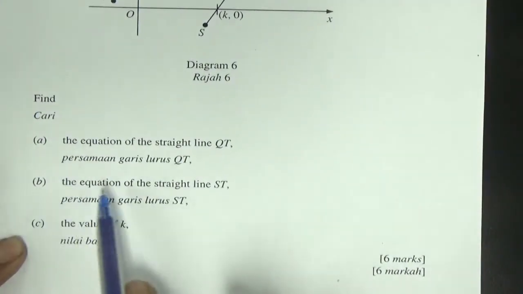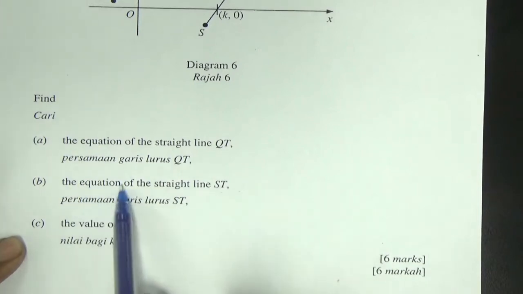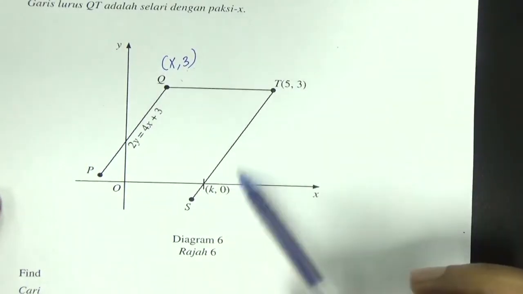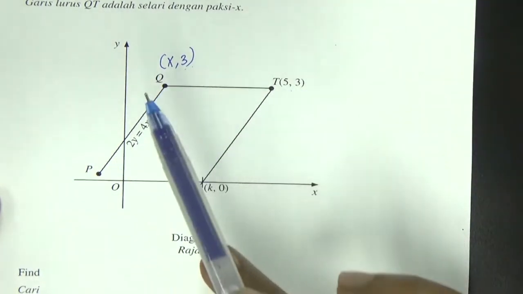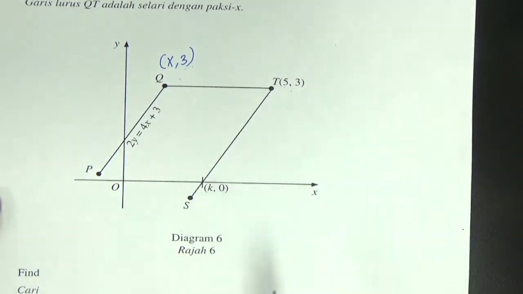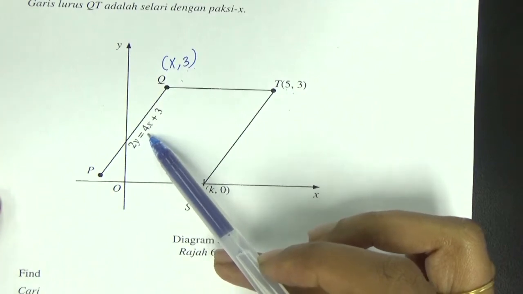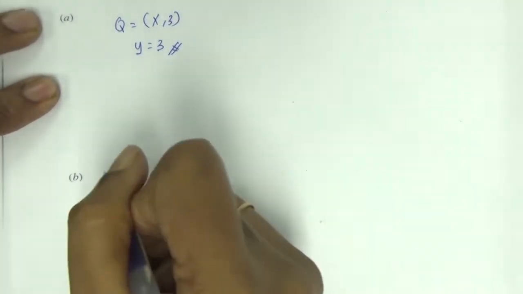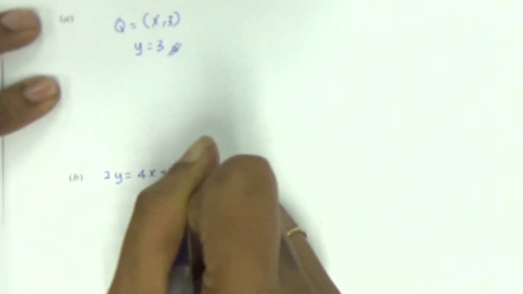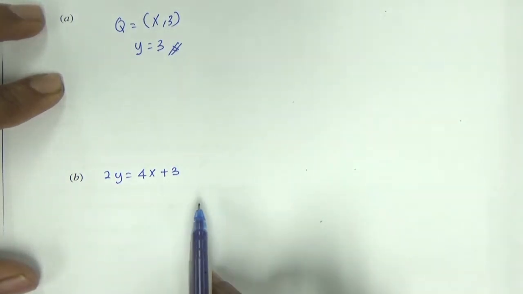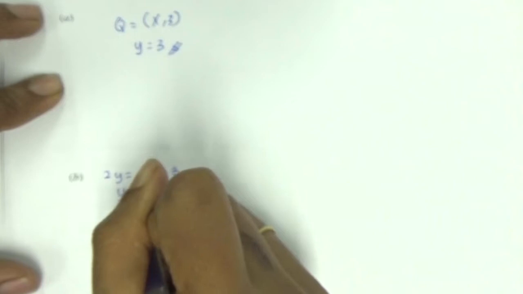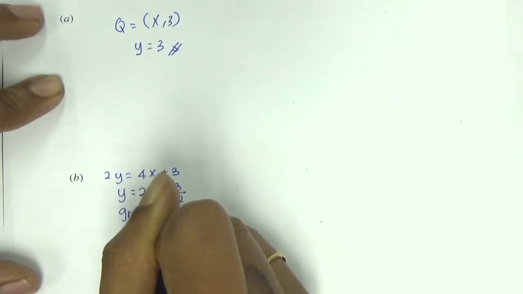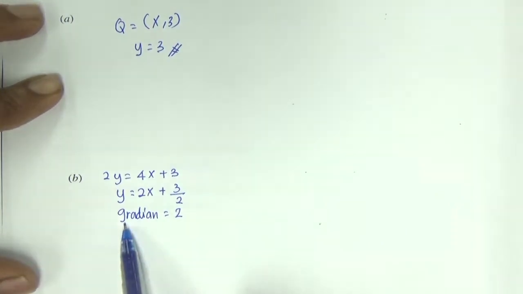Question B, the equation of the straight line ST. PQ is parallel to ST. It means that the gradient of PQ is the same as the gradient of ST. The straight line equation of PQ is 2y equal 4x plus 3. So the gradient is 2.